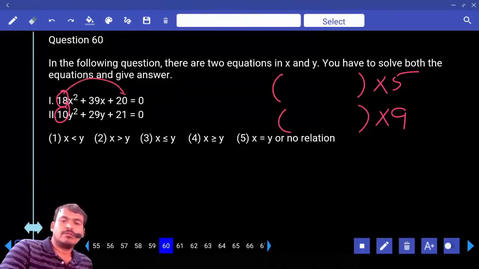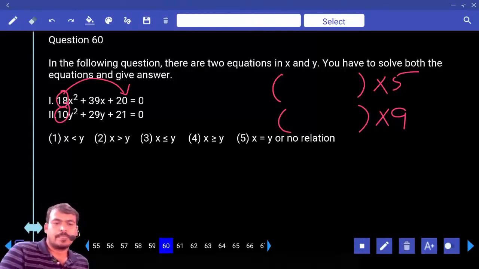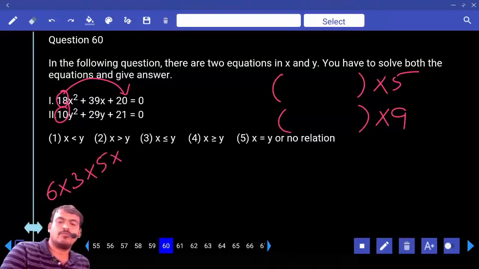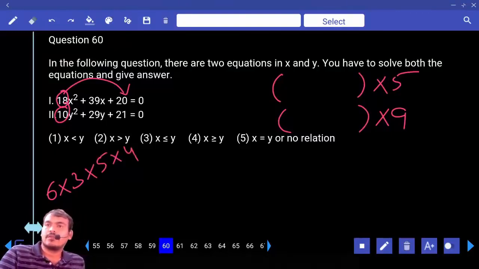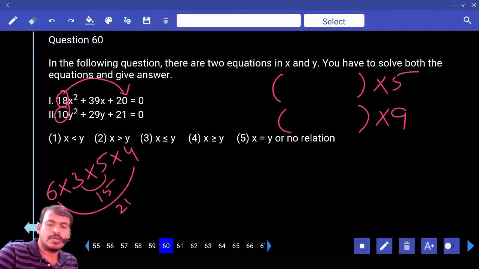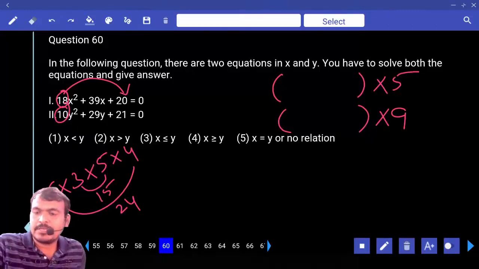18 into 20. 18 we write as 6 into 3, and 20 we write as 5 into 4 or 4 into 5. Okay? 5 times 3 is how much? 15. 6 times 4 is how much? 24. One is plus 24, another one is plus 15.